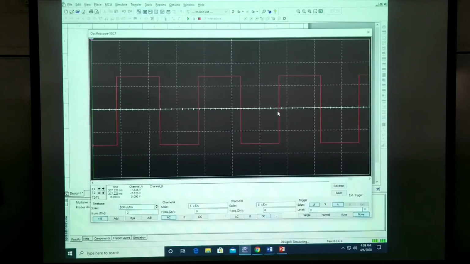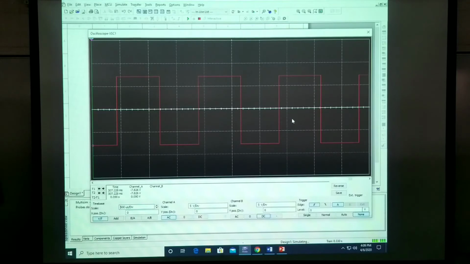That gets our frequency at about 689 hertz. So that's how we find the frequency.